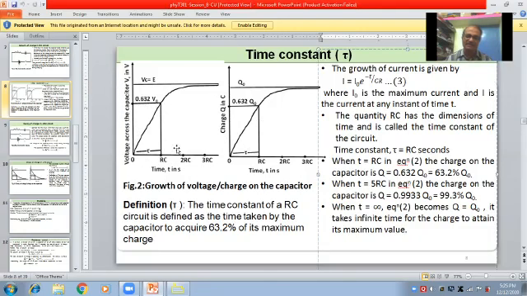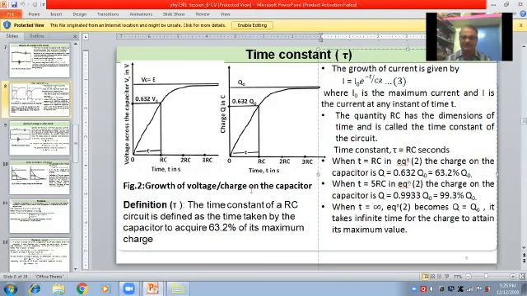In both the cases, you can see when T is equal to RC, the voltage across the capacitor is 0.632 times V naught, or the charge on the capacitor is equal to 0.632 times Q naught.